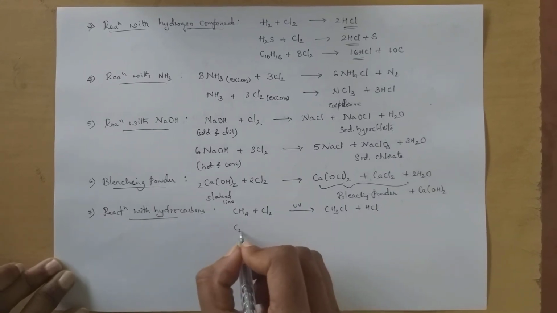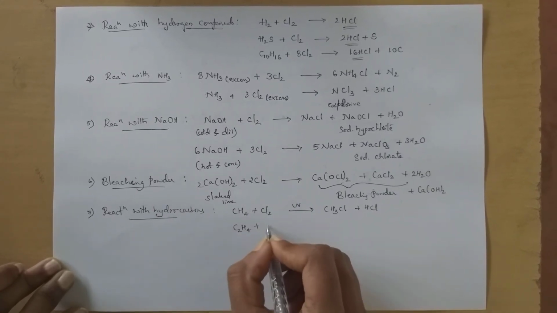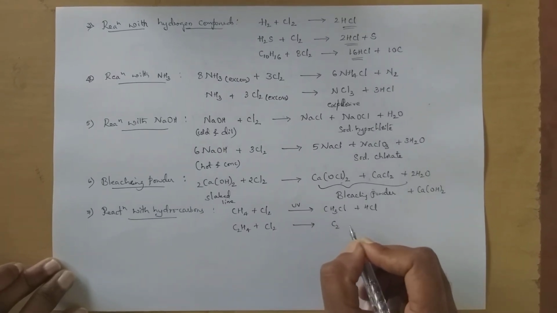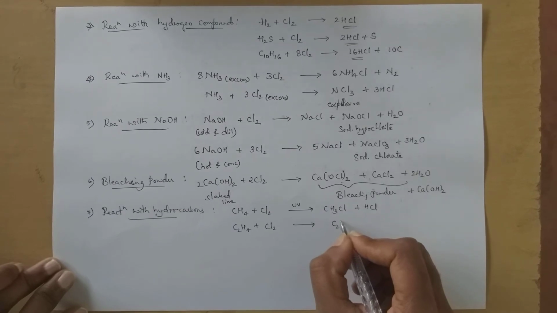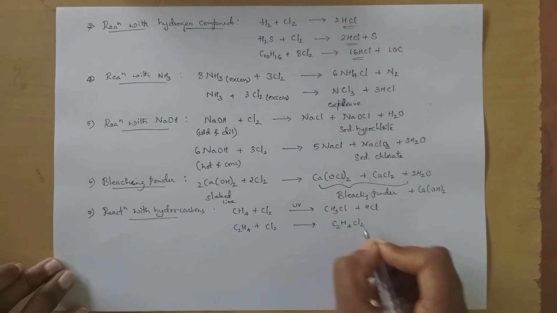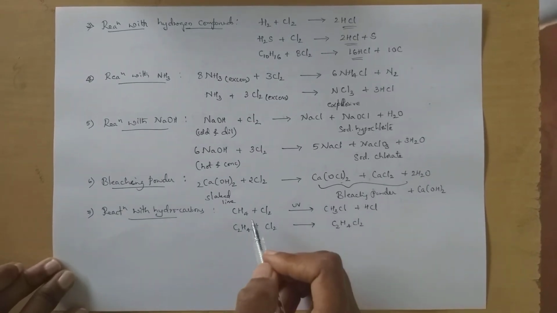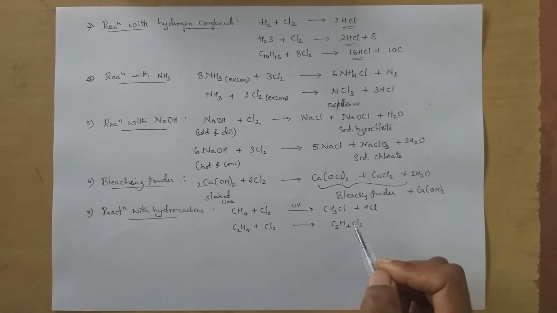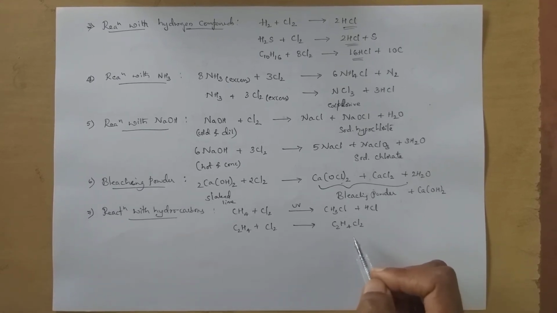Similarly, ethane combines with chlorine, it will form 1,2 dichloroethane, that is C2H4Cl2. So chlorine reacts with hydrocarbons to give respective chlorides.